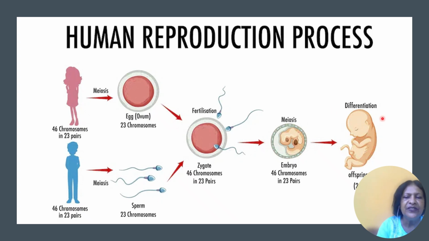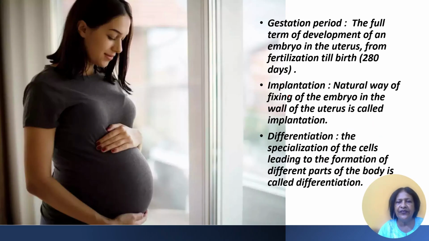So the different organs and the different parts of the body are seen to appear. Once the limbs start appearing, we no more call it an embryo, we call it a fetus. And this full term of development of an embryo in the uterus from fertilization till birth is known as the gestation period.